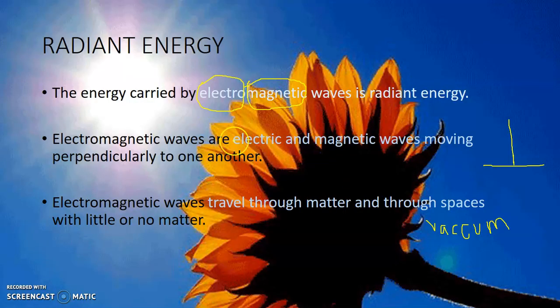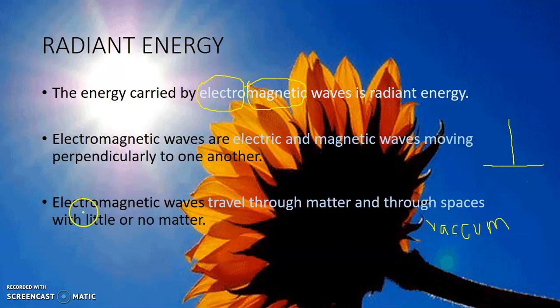Now we have radiant energy, which is energy carried by electromagnetic waves. Electromagnetic means that electro has to do with electricity, and magnetic with the opposite charges that are attracting each other. It also says that the electromagnetic waves are perpendicular to one another. This drawing is the representation of perpendicular.